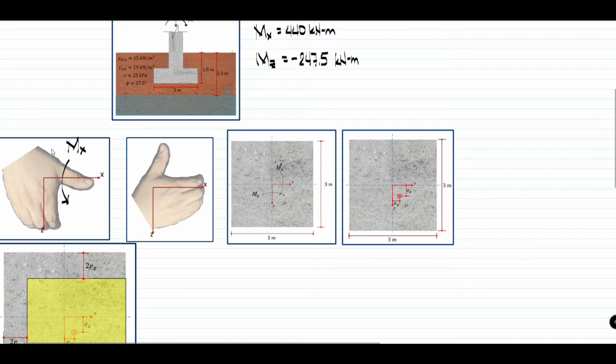So kung ito yung axis na positive na sinabi niya or yung global coordinate axis na gusto niyang mangyari, so ibig sabihin ito ipapoint natin yung thumb natin doon, and yung curl nito yun yung magde-determine paano yung rotation. So ibig sabihin the rotation will be pa ganyan. So as you can see, naging pa ganito yung rotation natin. So dun malalaman yung rotation ng moments for our given problem.